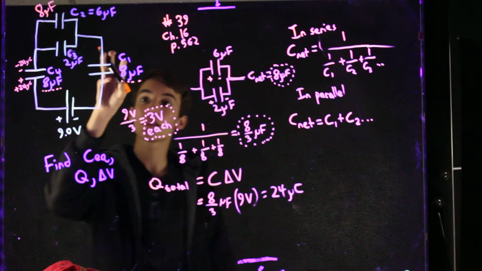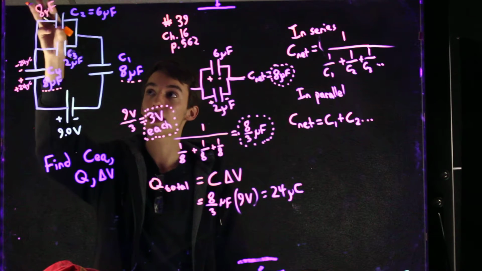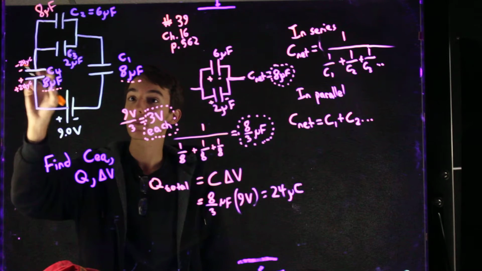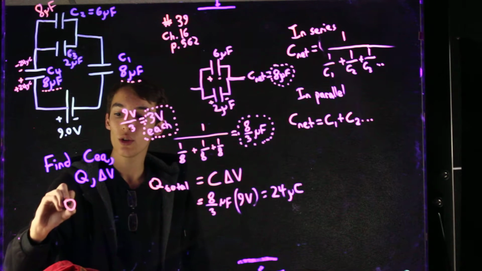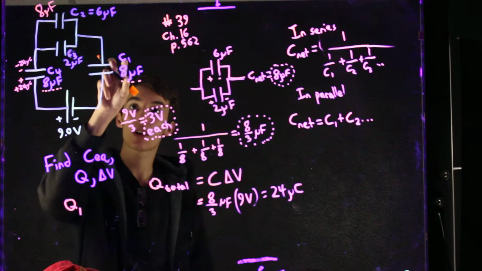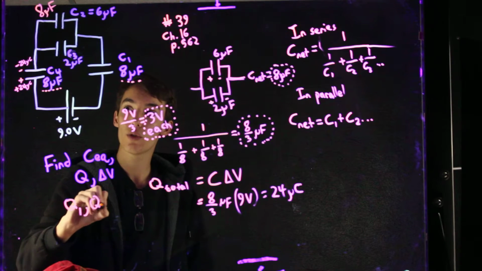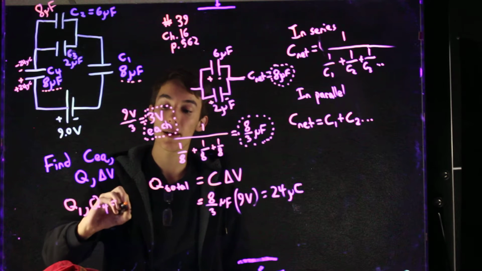And in series, that will be the same trend across all of these 8 microfarad equivalent capacitors. So for C1 and C4, Q1, which we're going to call the charge on capacitor 1, and Q4 is going to be equal to the total charge that was moved by the battery.